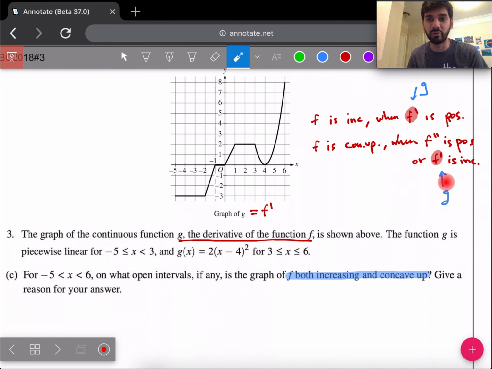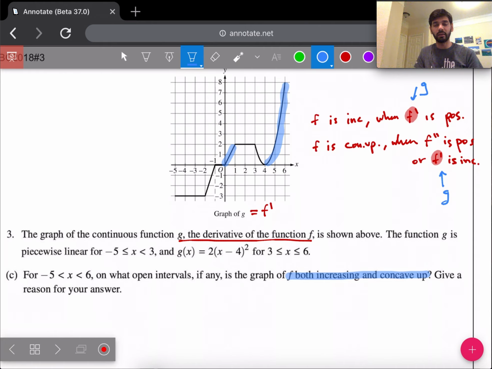So I need to find both of these guys right here on the graph of g. One is g positive and one is g increasing. So if I take a look at that graph, g is positive and increasing right there because it's above the axis and going up. G is also positive and increasing on this parabola portion just on the right side from 4 to 6.